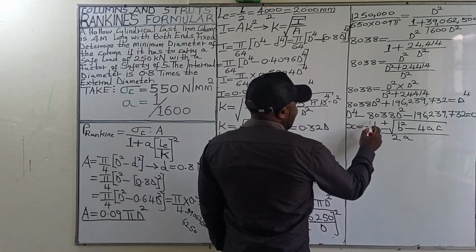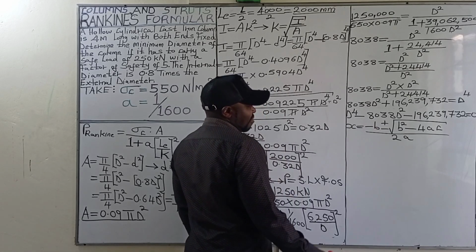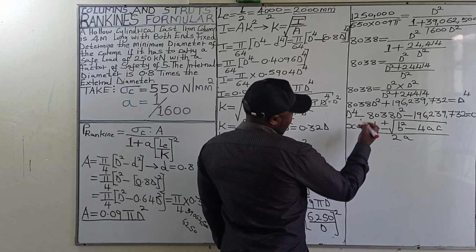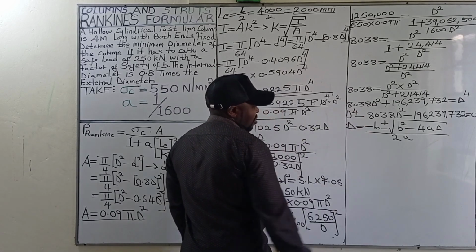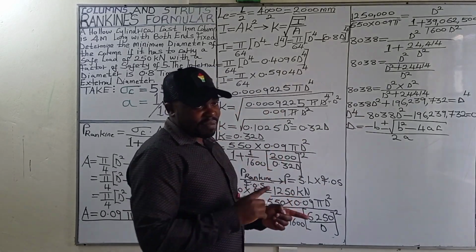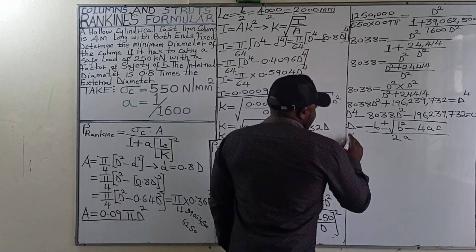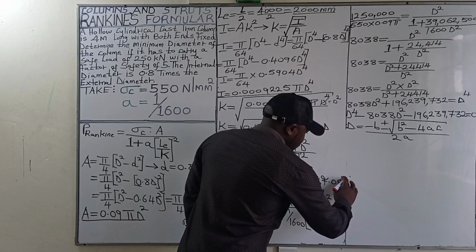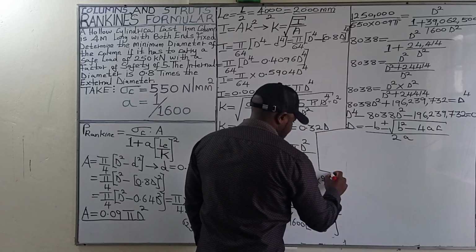So b is negative 8038. Here you already have negative, so negative and negative are going to be positive. In this case, we are looking for the value of d, not x. So we substitute the x with the d.